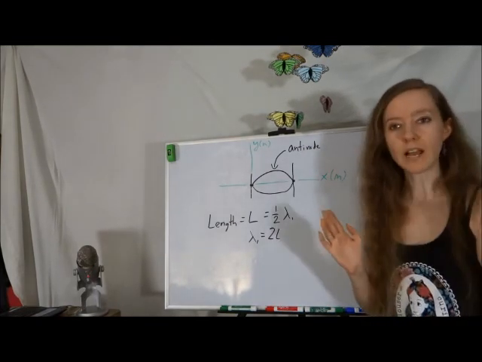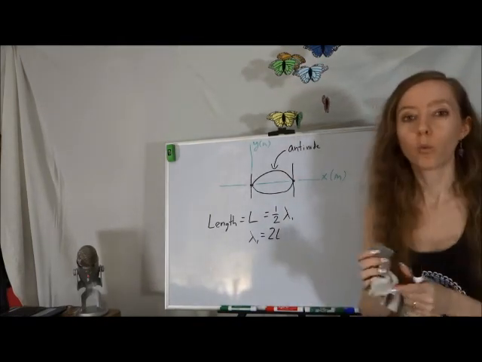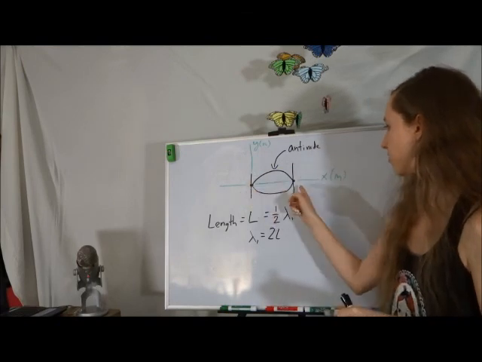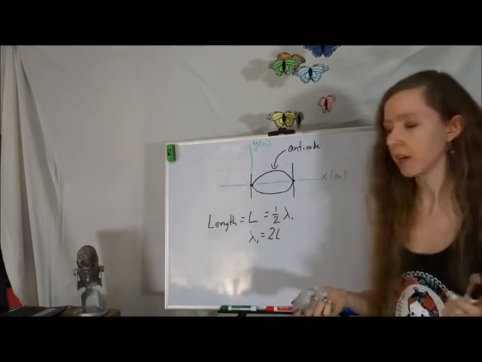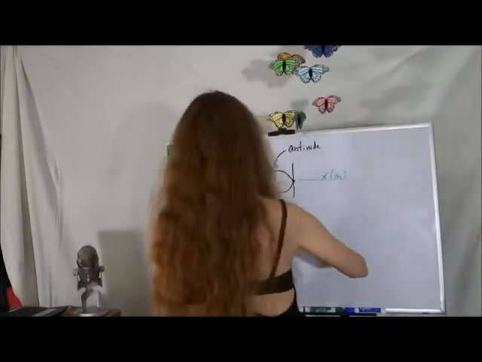All right, so now let's take a look at the second harmonic. So we can have as many nodes as we want in the middle. The key thing is we have to have nodes at either end. So for the second harmonic, the next smallest we can have is what if we put a node right in the middle?